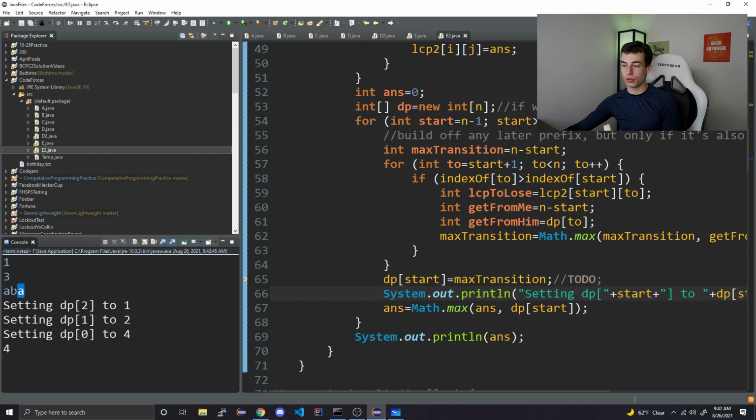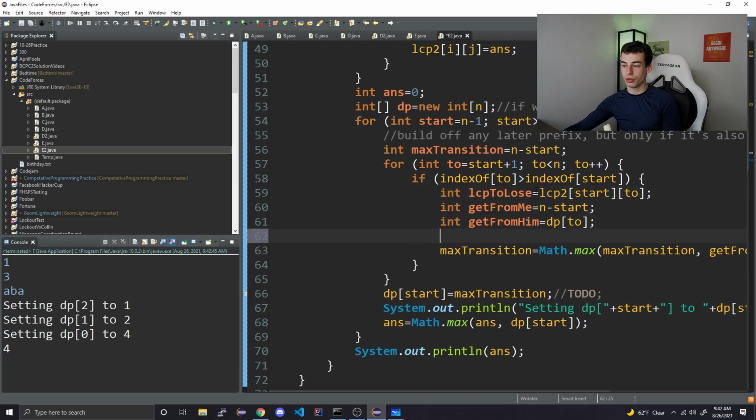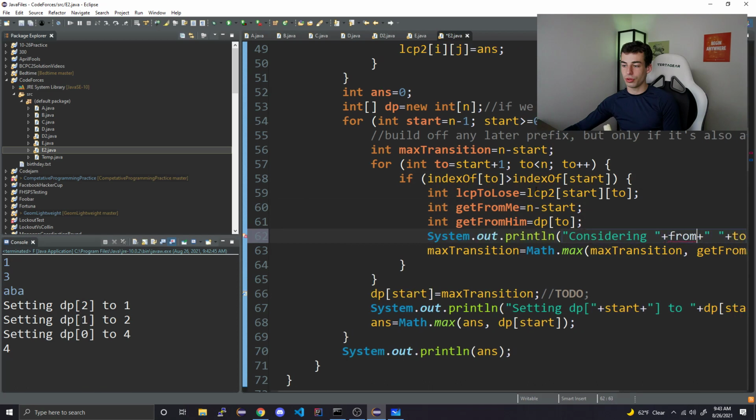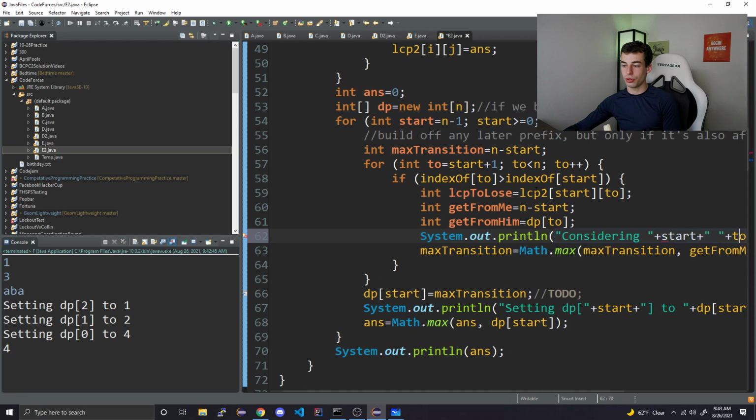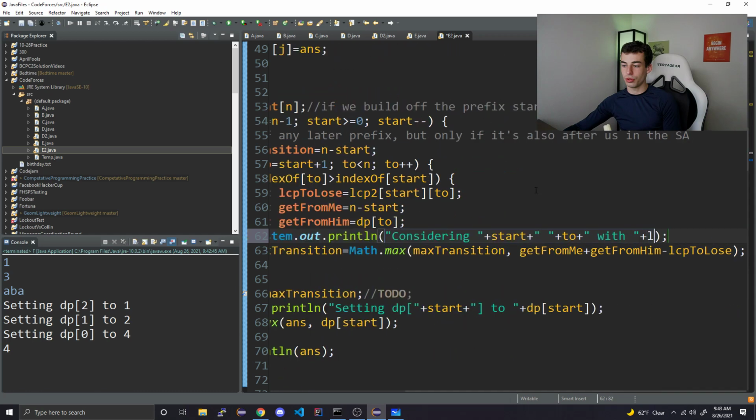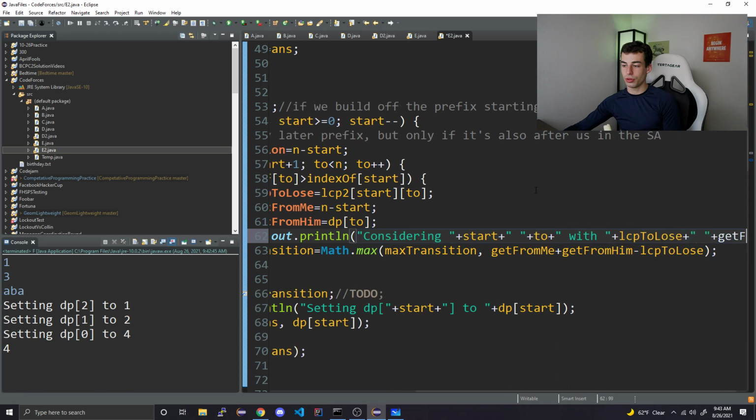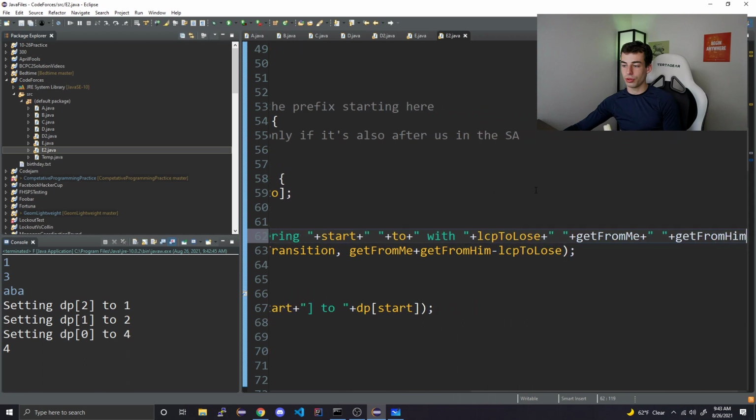DP at 2 to 1, okay, that's right, to 2. Considering from to 2, this is start with plus LCP to lose plus get from me plus get from him. So considering 0 to 1, why do I lose 1? You should not lose 1.